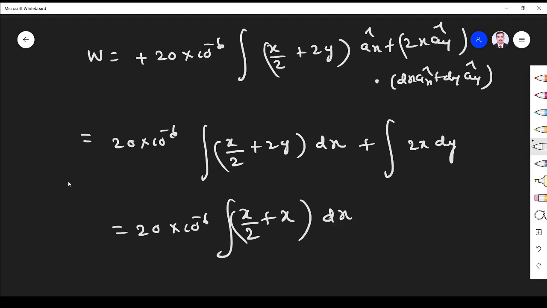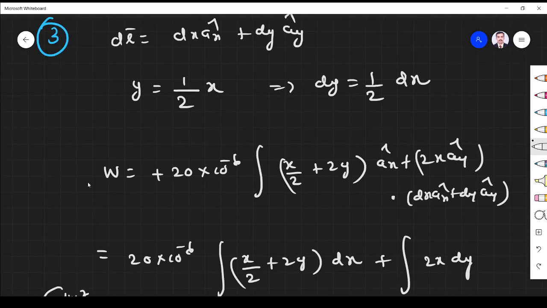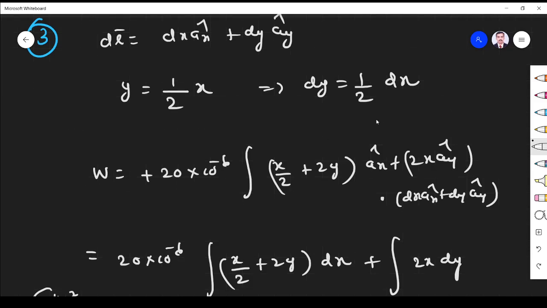So where is the charge moving from? From (4, 2, 0) to (0, 0, 0). So x goes from 4 to 0, right? Plus 2x dy. This is the integration with respect to y, so I want everything in terms of x. What is dy? dy is equal to 1 by 2 dx.